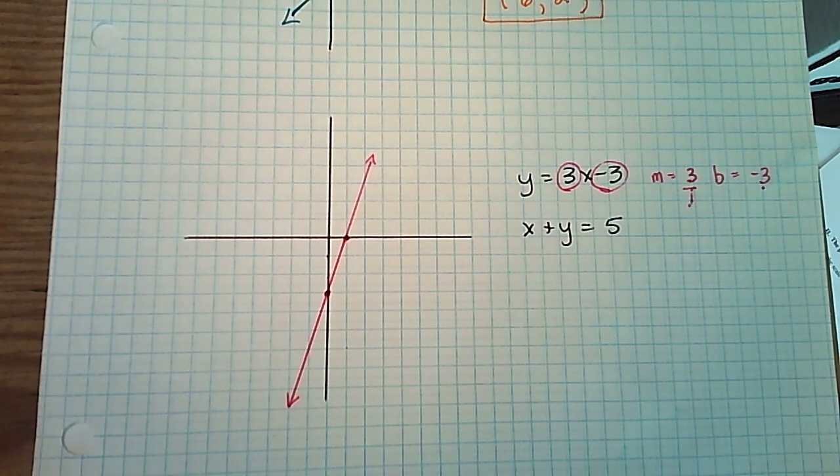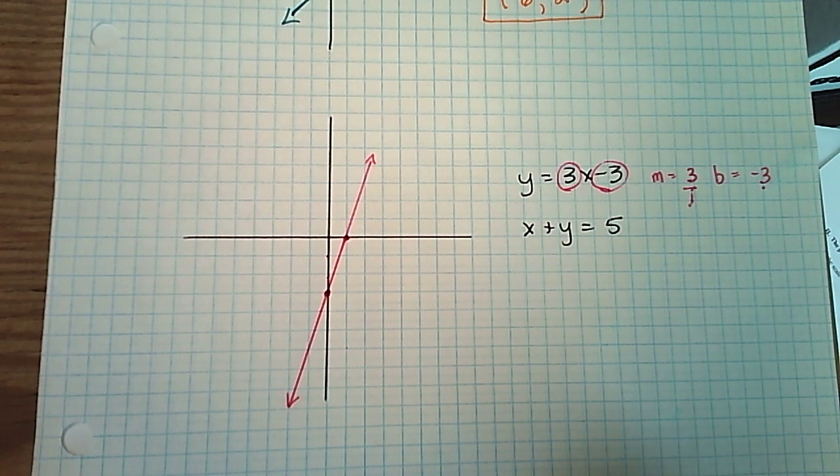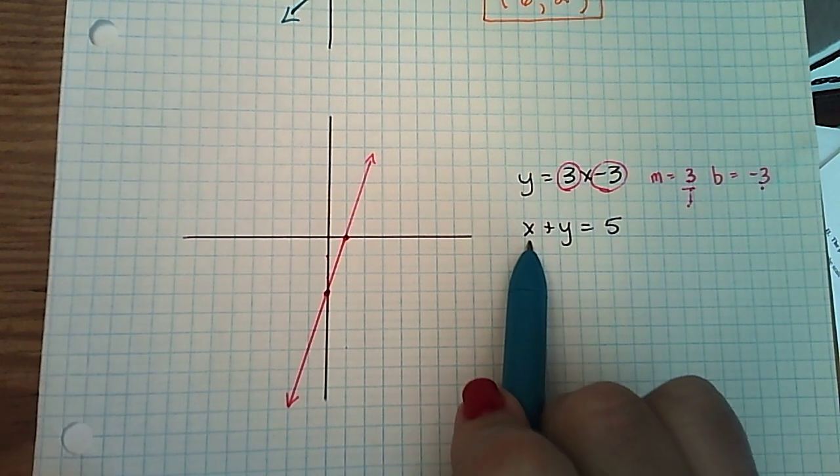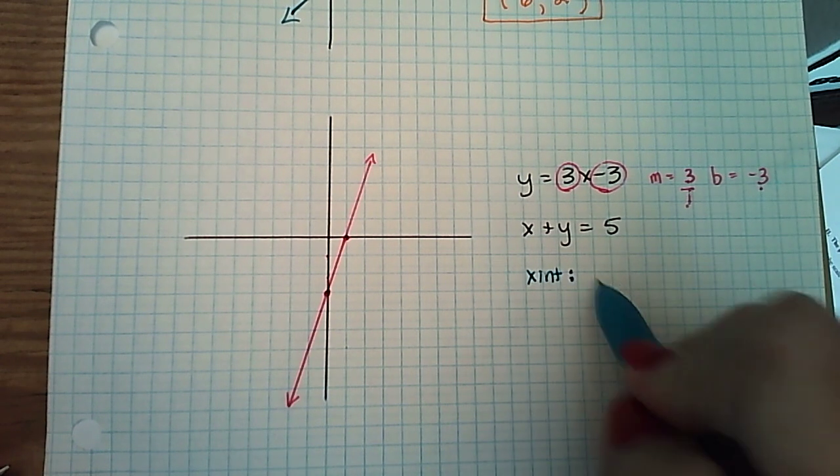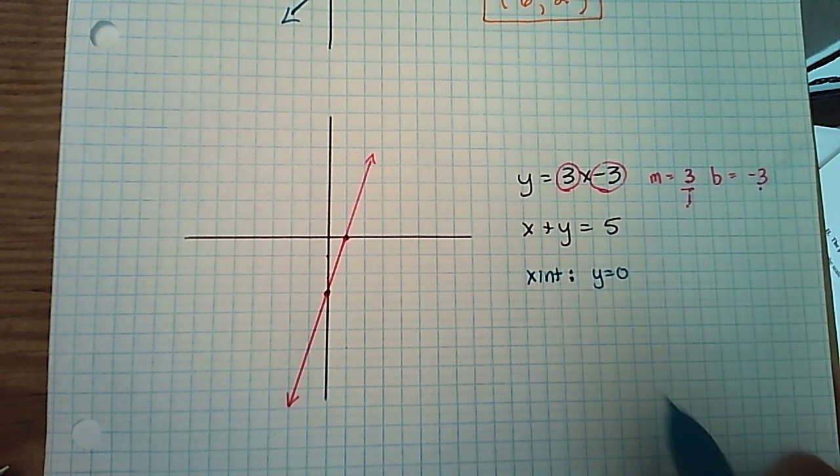All right, now my second equation's not in slope-intercept form. I've got 2 choices. I can either A, move my equation around and put it in slope-intercept form and graph it, or B, if you recall, I can use x and y intercepts. Remember, to find my x-intercept, I make my y equal to 0 in my equation.